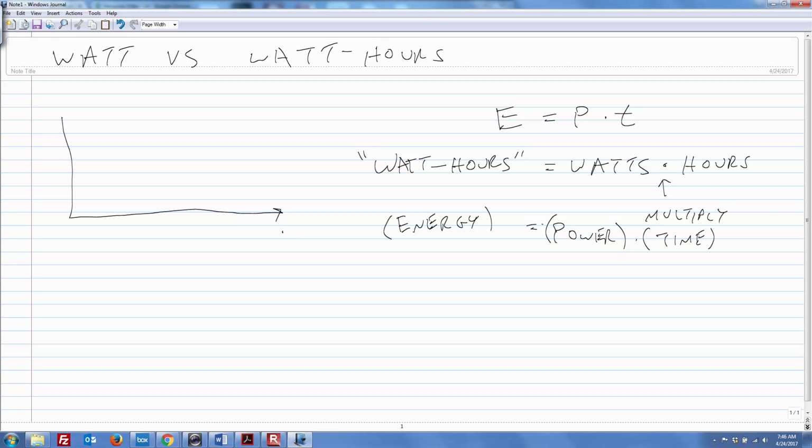Okay, so the other thing to think about is, as we move through time, we have different amounts of power coming in, and let's just say we have a system with 3 panels, and they're each 300 watts. 300 watts, 300 watts, 300 watts.